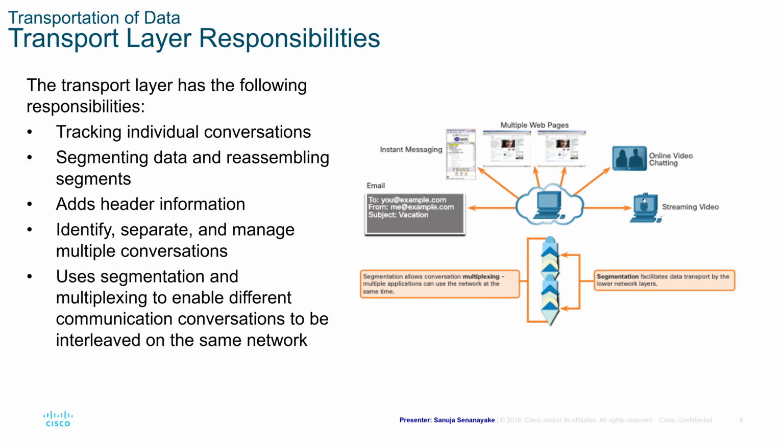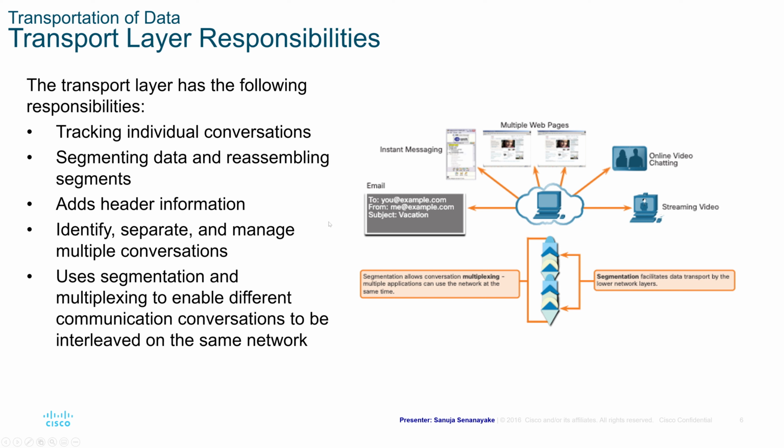So what this basically means is that the transport layer is responsible for tracking the communications between the end devices. It is also responsible for segmenting data, and when data is segmented, it is also responsible for reassembling data. So if we have segments of data coming from one end to the other, the transport layer is also responsible for putting them together.